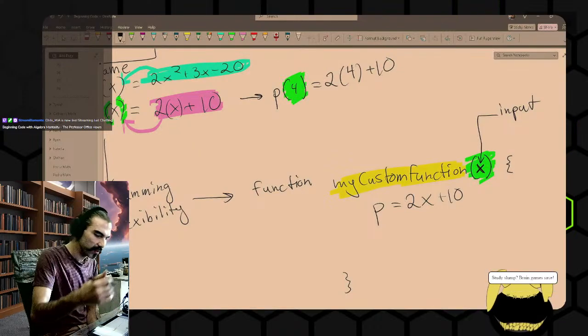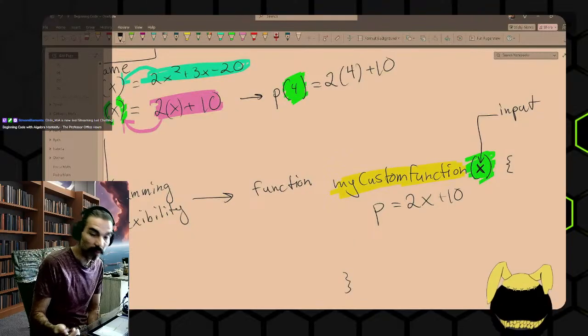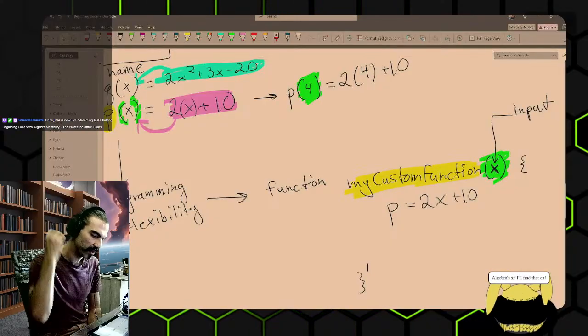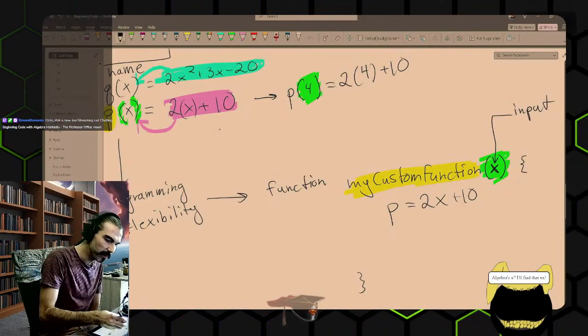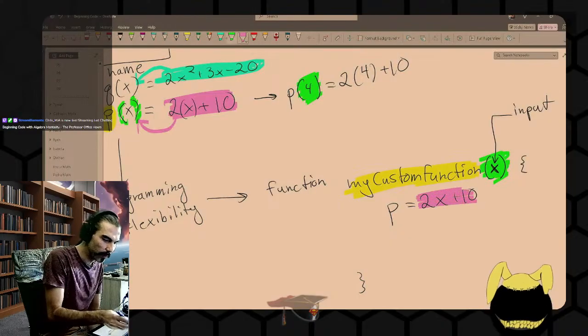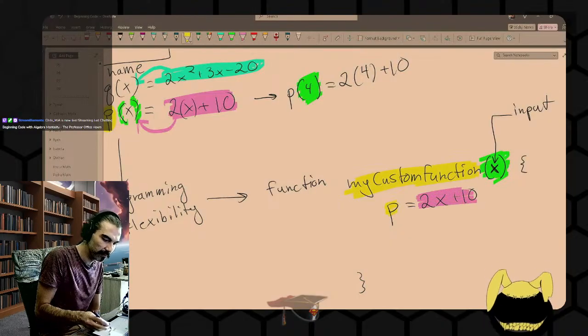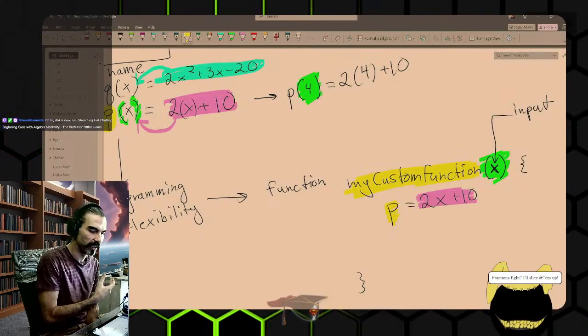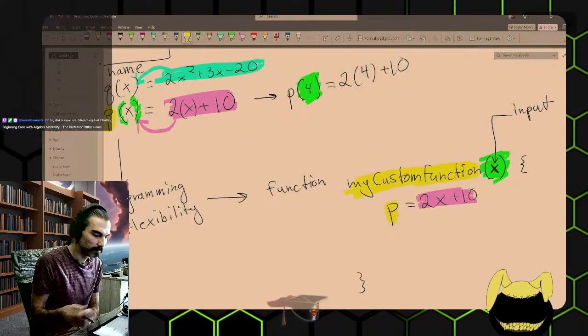So we input x through that parenthesis input space, and then we say this variable p is equal to 2x plus 10, which essentially mimics the equation that we have in the algebraic format. So we're doing a one-to-one comparison of how to convert an equation into code.